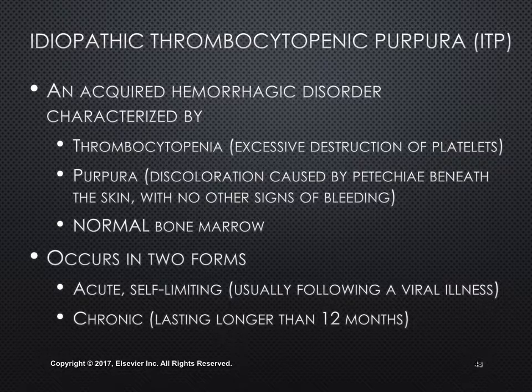Purpura is the discoloration that's caused by petechiae beneath the skin with no other signs of bleeding. These kids have normal bone marrow. It occurs in 2 different forms. The acute form is self-limiting, and it usually follows a viral illness. The chronic version is thrombocytopenia that lasts longer than 12 months.